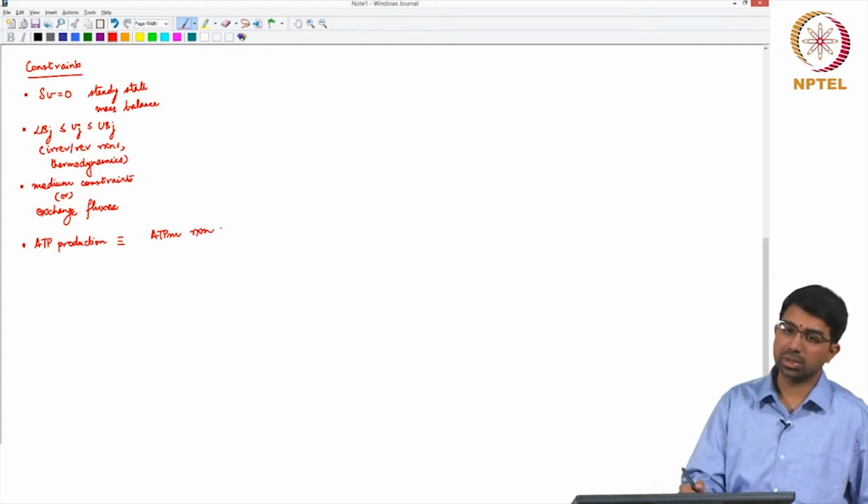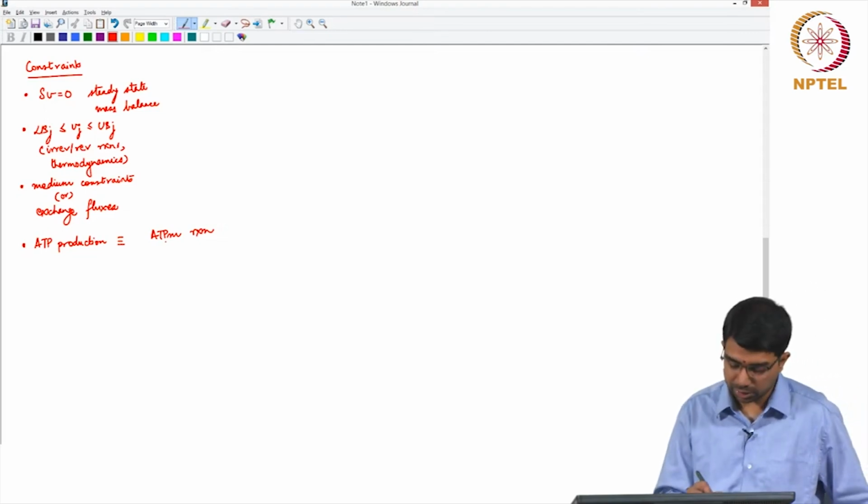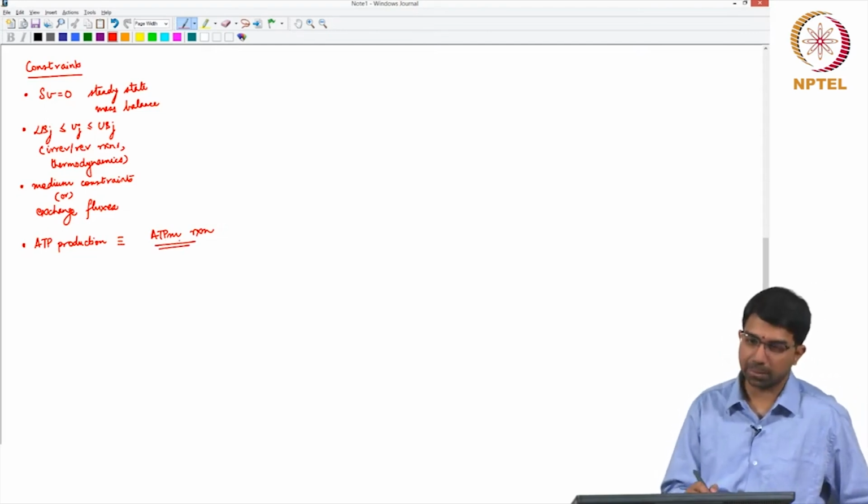Most models have this. This is literally calibrated, right. It is made to fit experimental data, right.